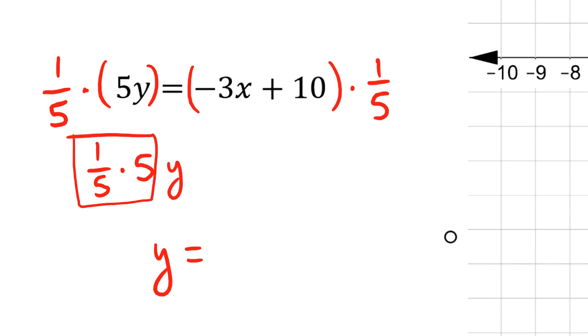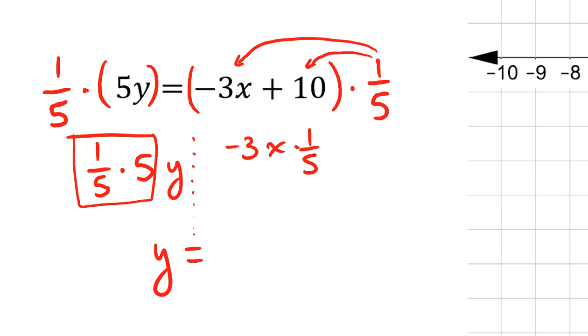On the other side of the equal symbol, I've got to distribute a 1/5 to each of these terms inside. So I'm going to write minus 3x times 1/5, and then I'm also going to have plus a 10 times 1/5.